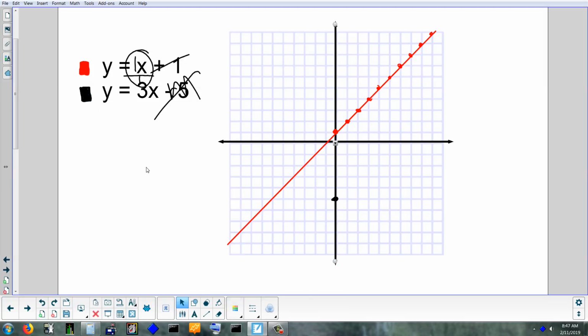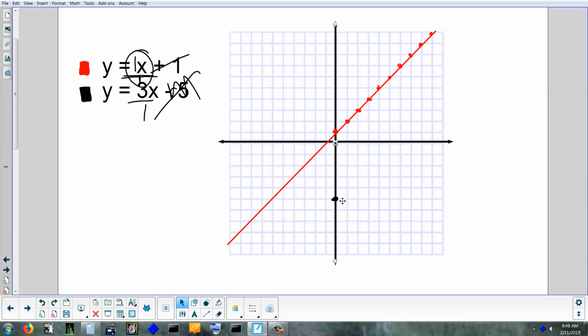I just had an x, so I put a 1 with it, so I knew there was the number 1 there. What else did I do? I put the line, and I put a 1 on the bottom, right? So what should I do with this 3? Put a line, put it over 1. So that's telling me, like you said, go up 3, then where? Which direction? Always to the right.